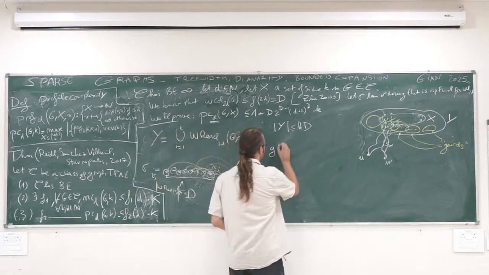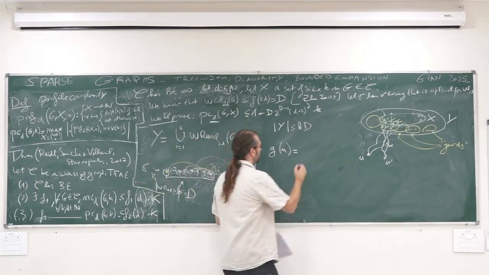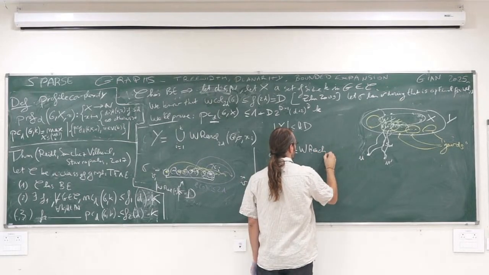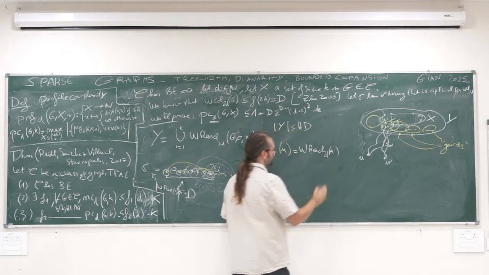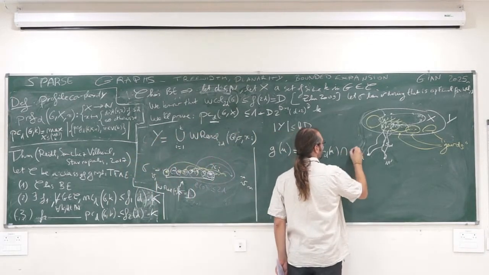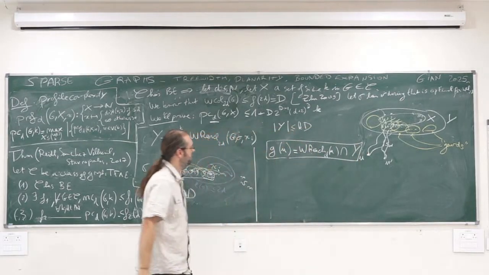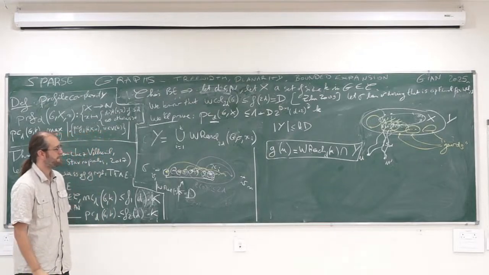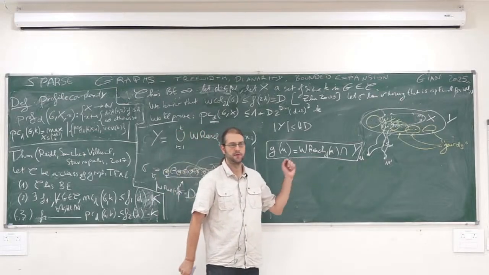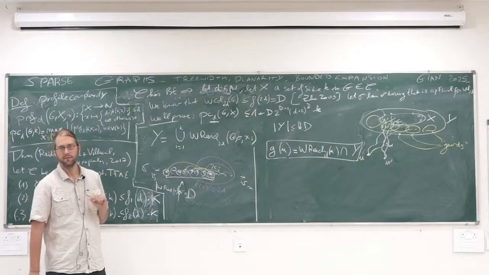For the guard of the vertex U, what will it be? I'll take the weak reachability set at distance d of U, intersection y. This is the guard for vertex U. So in fact, what I'm doing right now is defining a huge number of guards. But actually, I will show that many of them are the same. That will be fine.